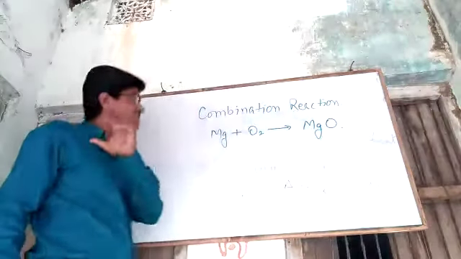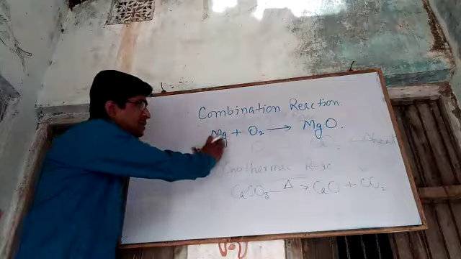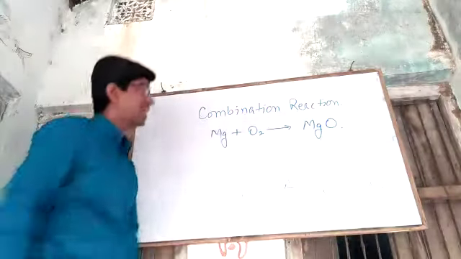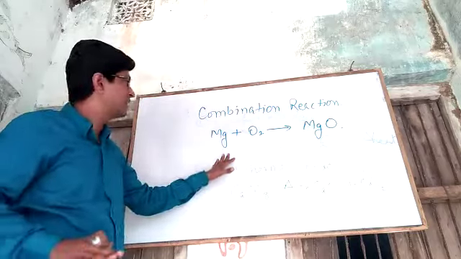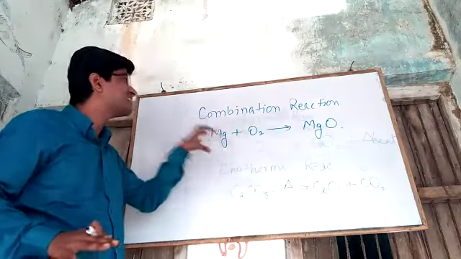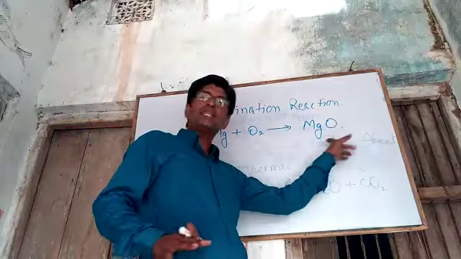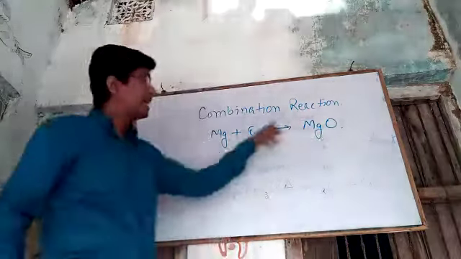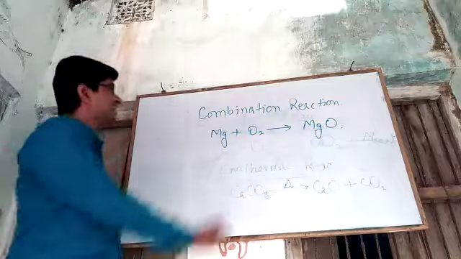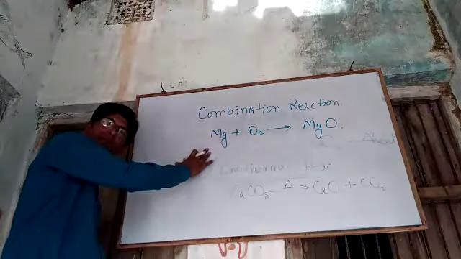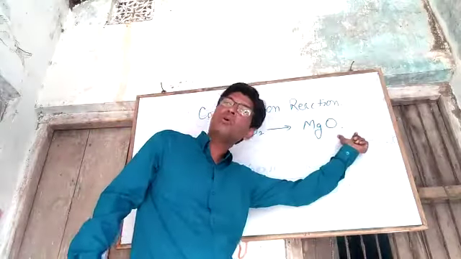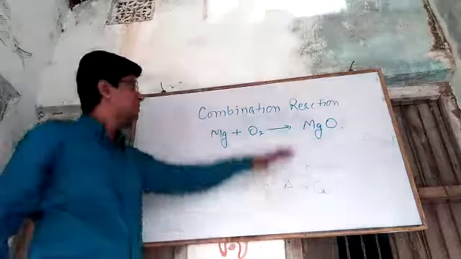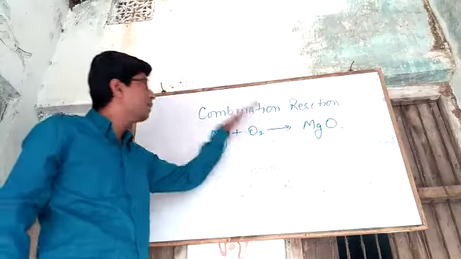So in this reaction magnesium and oxygen are reactants and magnesium oxide is the product. Why is it called combination reaction? According to the definition, when two or more than two reactants combine to form a single product, it is called combination reaction. In this reaction there are two reactants, magnesium and oxygen, and only a single product, magnesium oxide. Hence we can say that this reaction is an example of combination reaction.